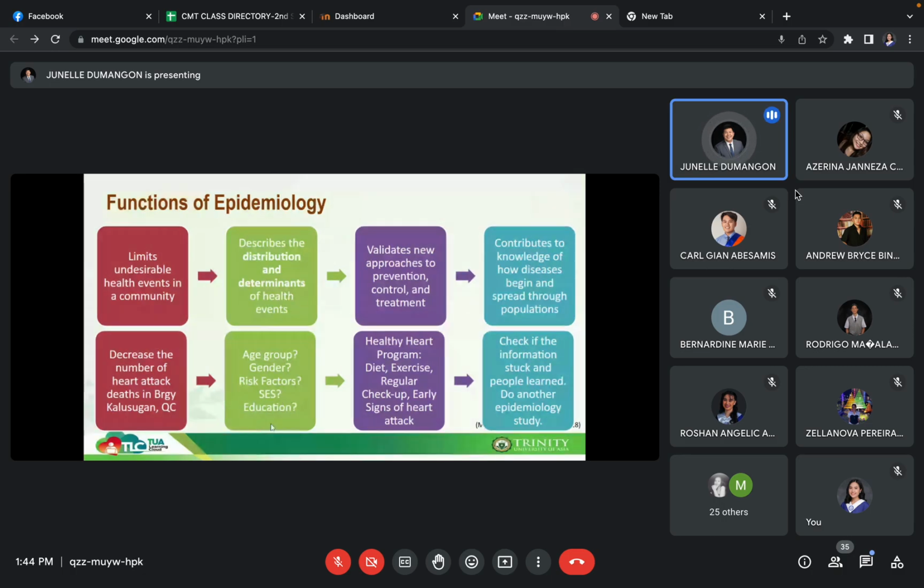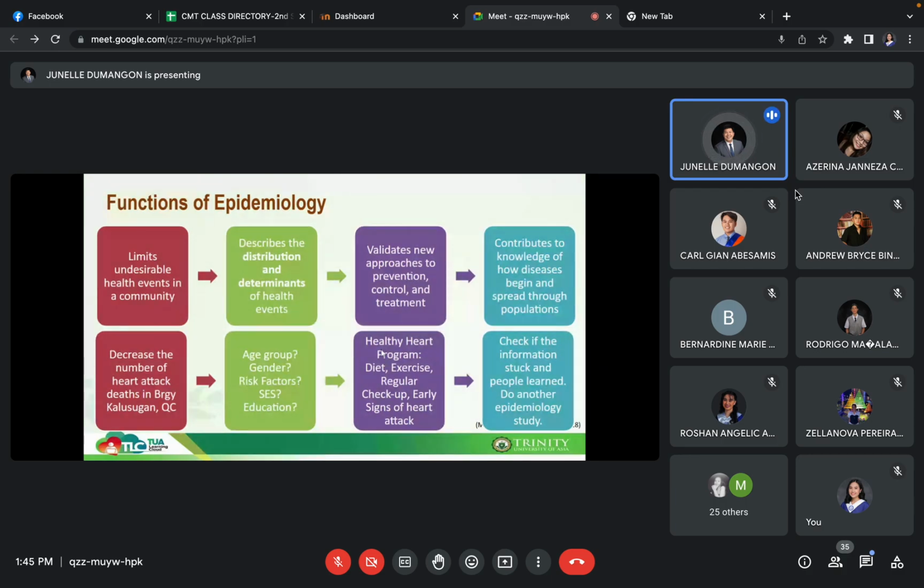And then after knowing, let's say for heart attack, we discovered that it is more common among males 60 years old and above. Risk factors are cigarette smoking and alcohol intake. So we will create now a program which will address that age group, that gender, and the risk factors that they have.